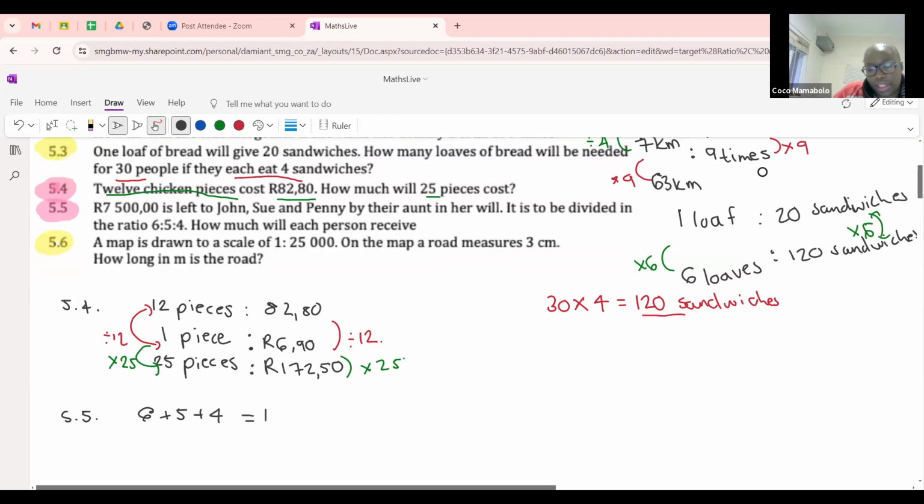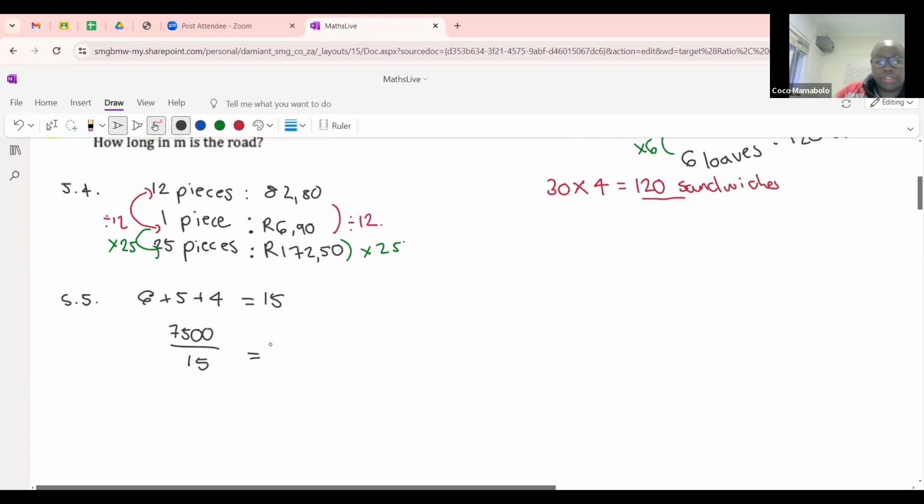Yes, absolutely, it's 15. Continue. And then afterwards, I divided 7,500 by 15. 7,500 divided by 15 is equal to 500, ma'am.